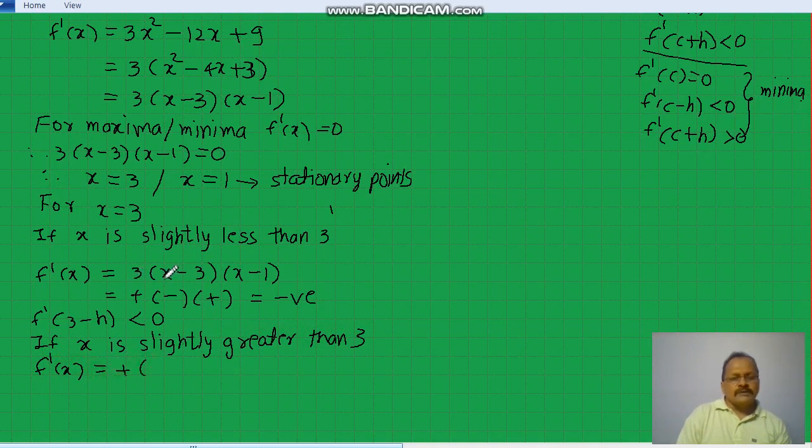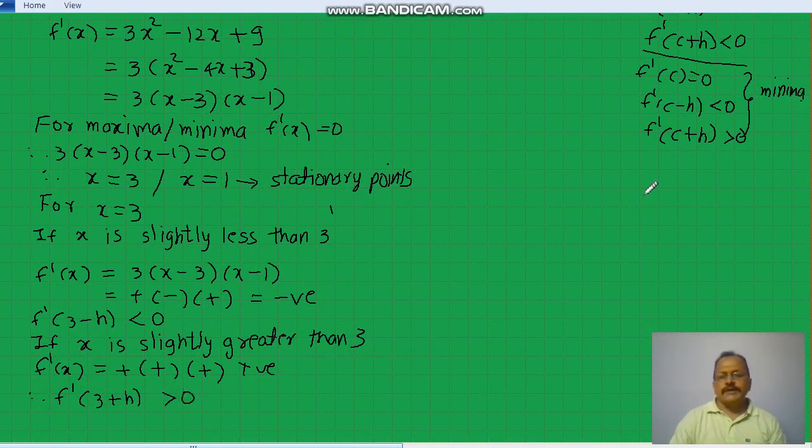Now x slightly greater than 3 minus 3 gives you a positive number, and a number greater than 3 minus 1 gives you again a positive number, and therefore in that case you get a positive number, and therefore I can say that f dash (3 plus h) is positive.